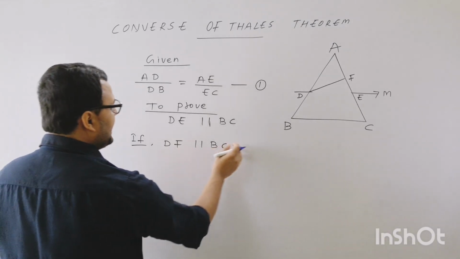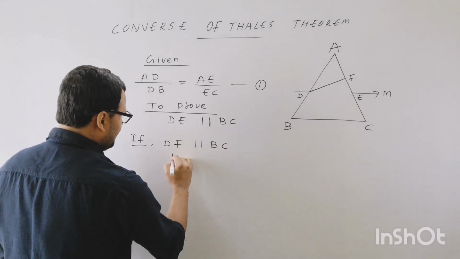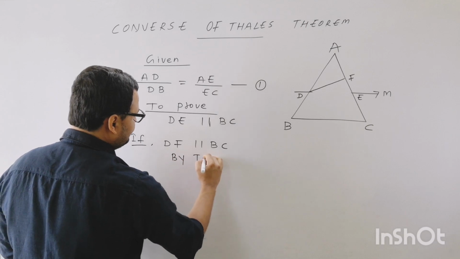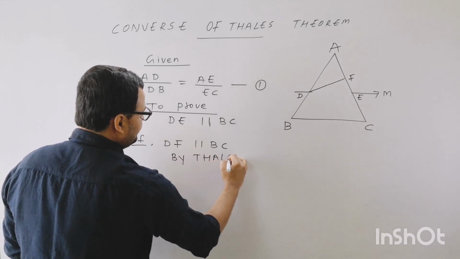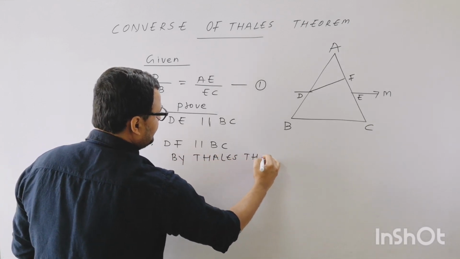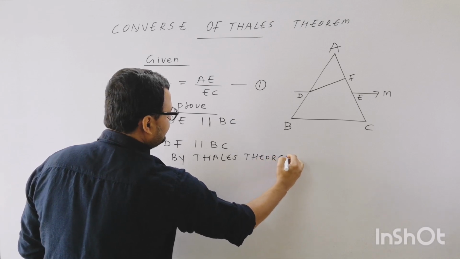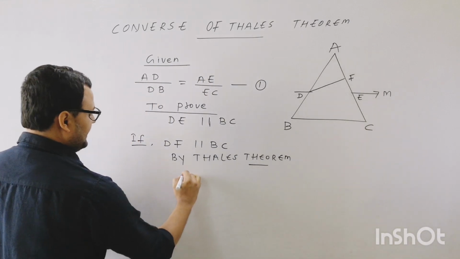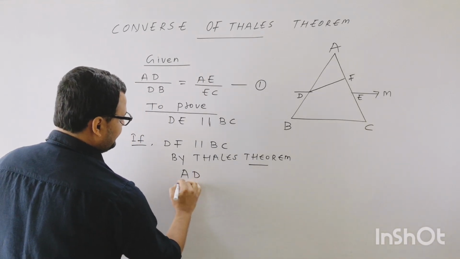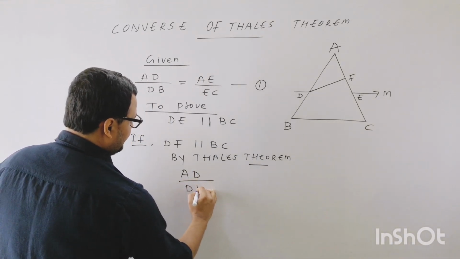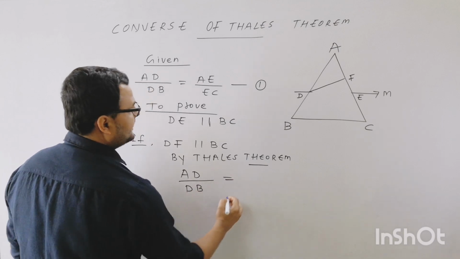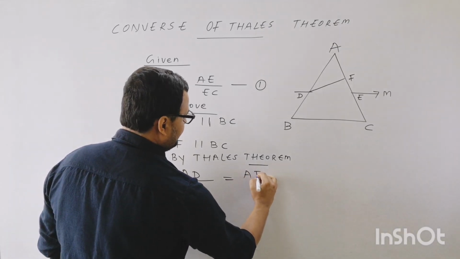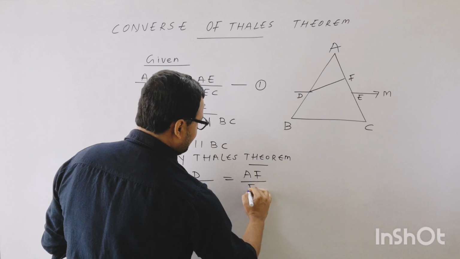So if DF is parallel to BC, then by Thales theorem, AD by DB equals AF by FC.